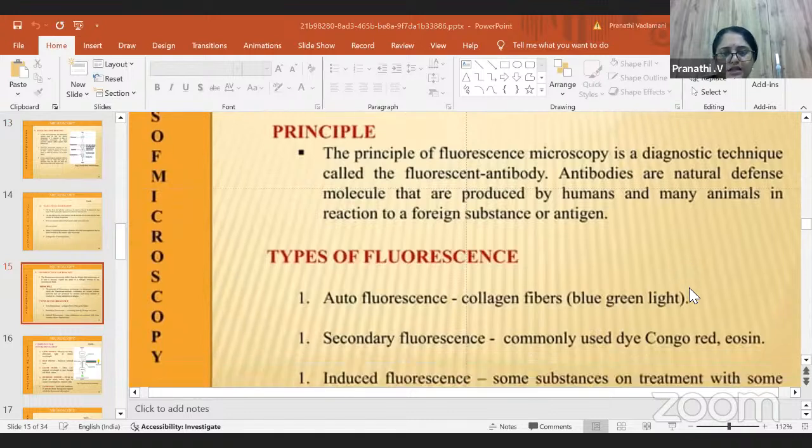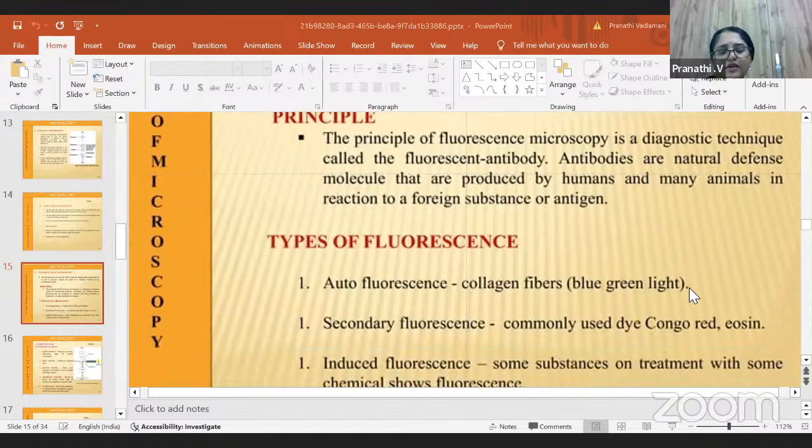So when you're using fluorescence microscopy, you have different types of fluorescence. We have a light source over here. That particular antibody is going to attach itself to the antigen. The basic principle of antigen and antibody is that an antigen is a foreign substance. It can be anything, self, non-self. The antibody will go identify it and attach itself to the antigen.